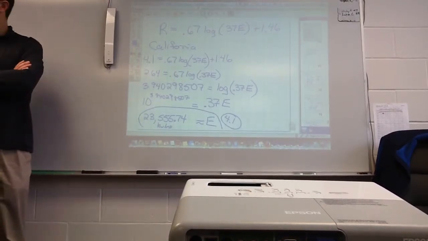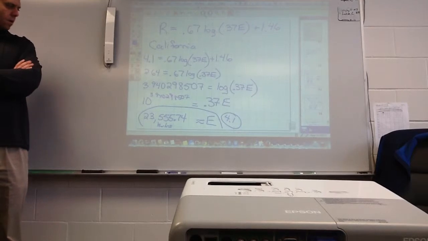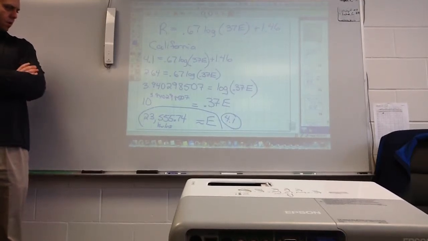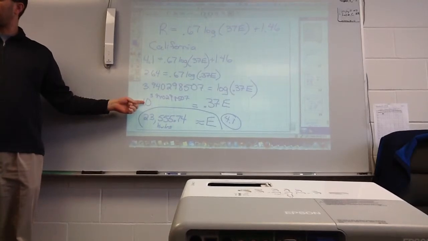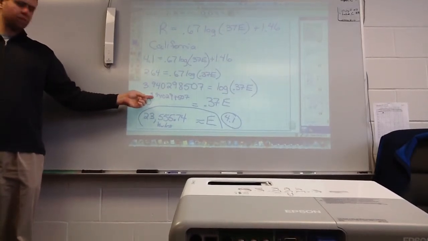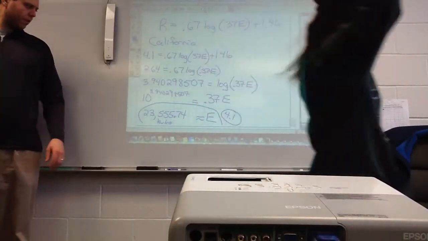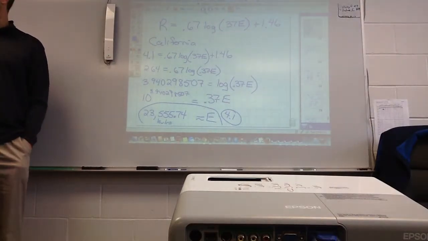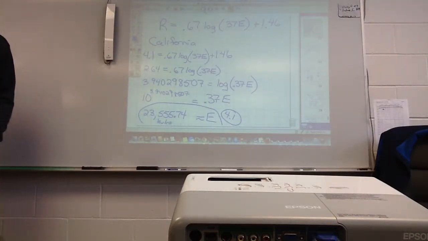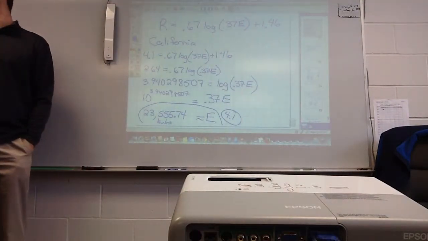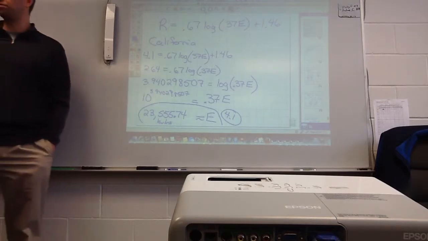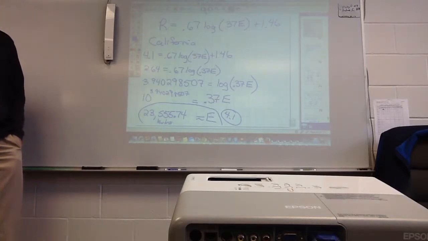Calculate 10 to the power equal 0.37 E. Just 10 raised to the, and then just type 3.940298507. If you have a previous answer button on your calculator, that's a little faster than typing it all back in, but you definitely don't want to round your answer.